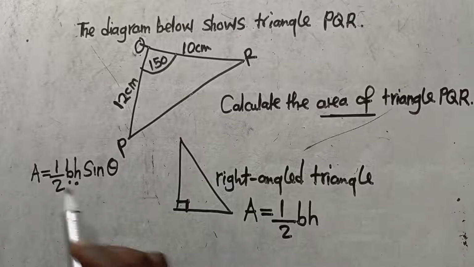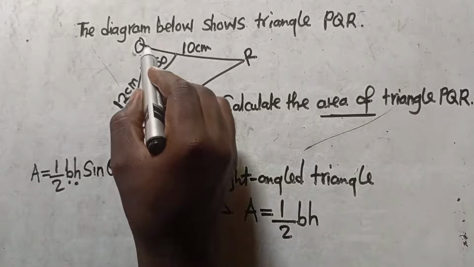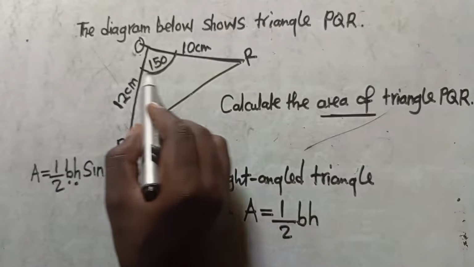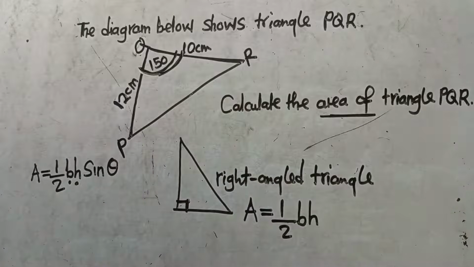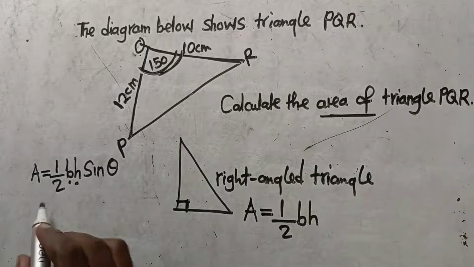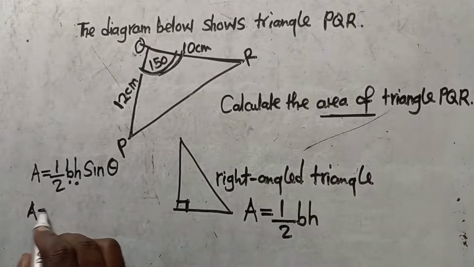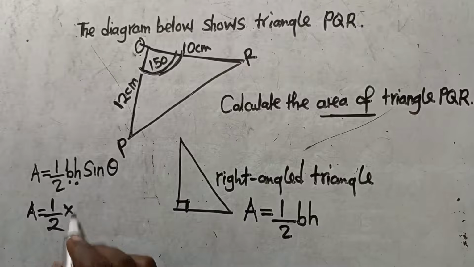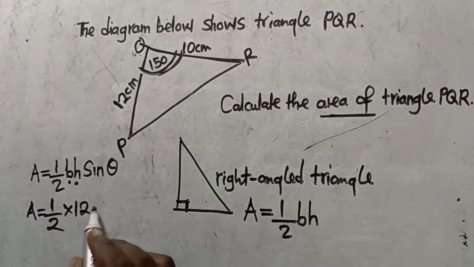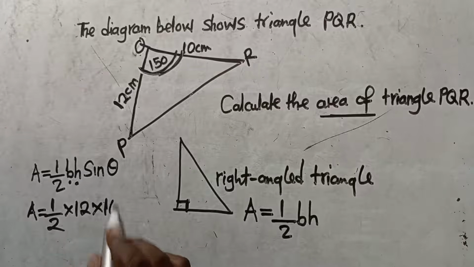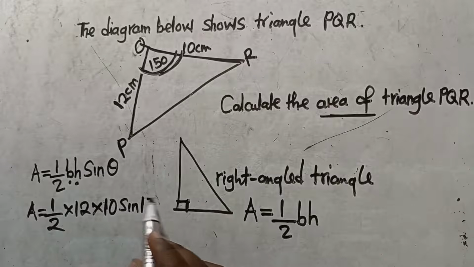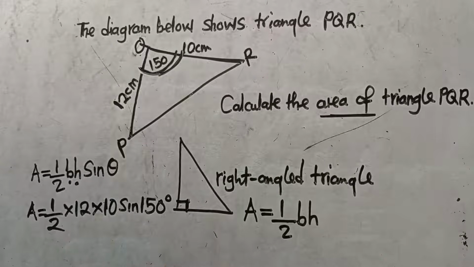So the two sides, this side and that side, are putting this angle in the middle. Have you seen? So I'm going to say that the area of that triangle is half times 12 times 10 sine, which angle is given? 150 degrees.